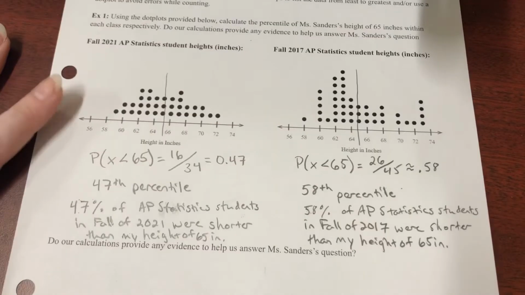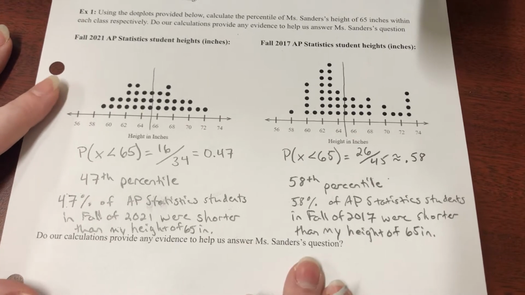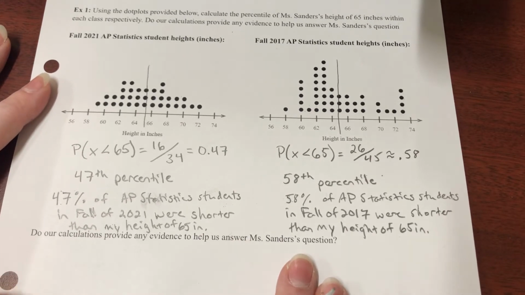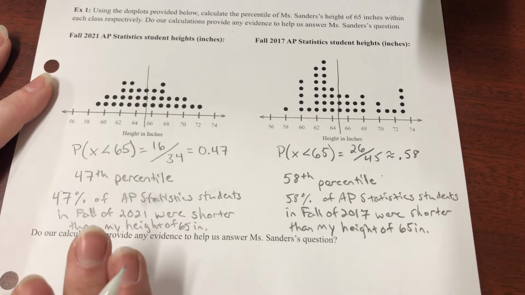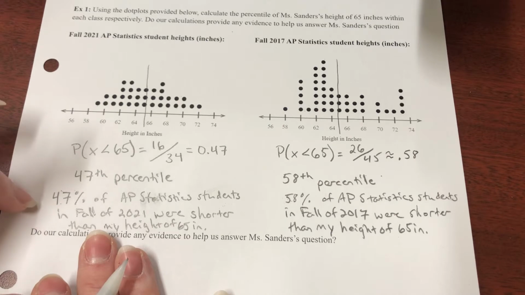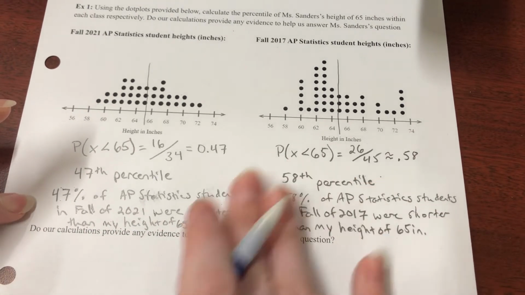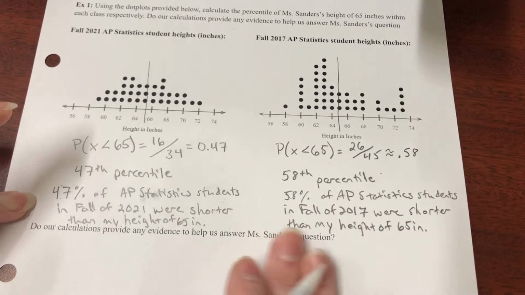Interesting. Do our calculations provide any evidence to help answer my question? I would say that they do. In 2021, a lower percent of students were shorter than my height. In 2017, a higher percentage of students were shorter than my height.